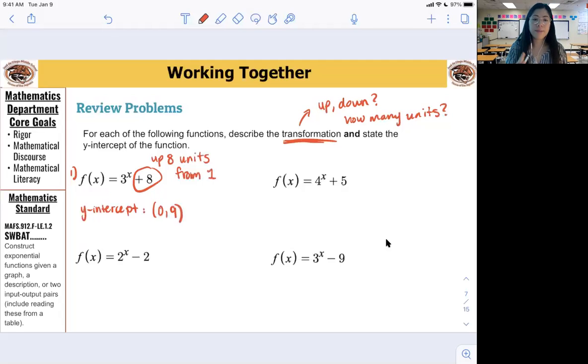So that's the trick. Now, another way to check that, and matter of fact, how can you always check, no matter what function you have, how do you check for the y-intercept? What do you plug in?